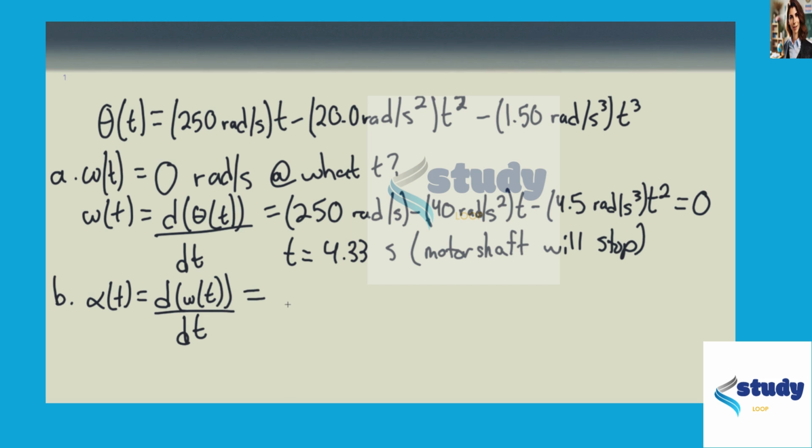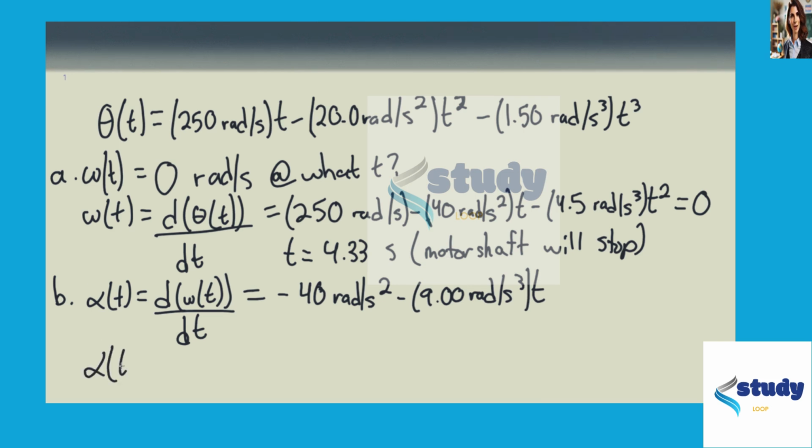And this is going to be equal to negative 40 radians per second squared minus 9.00 radians per second cubed times time.